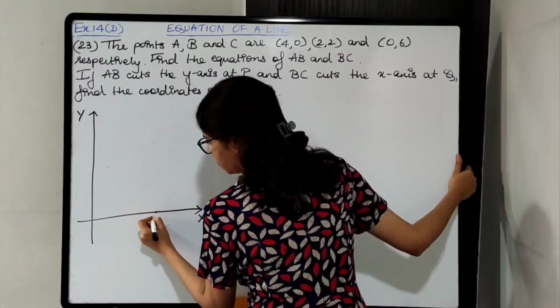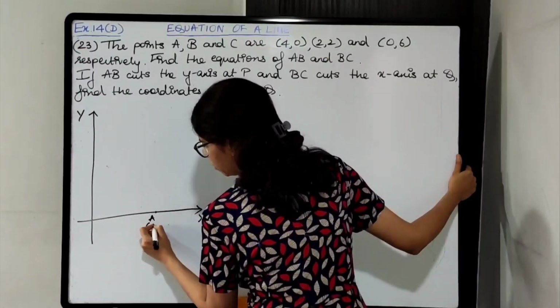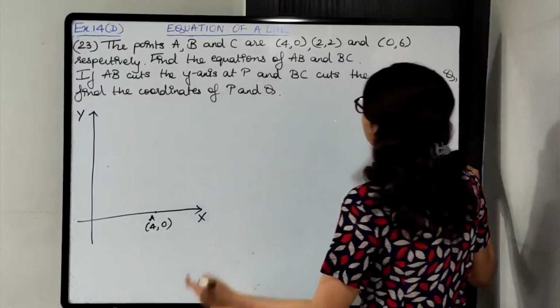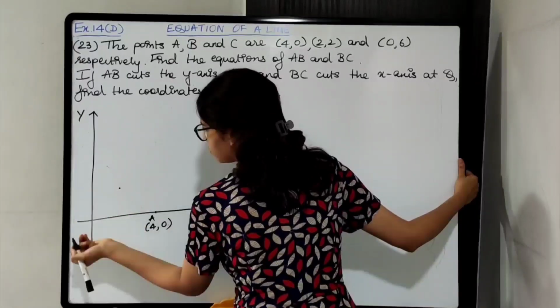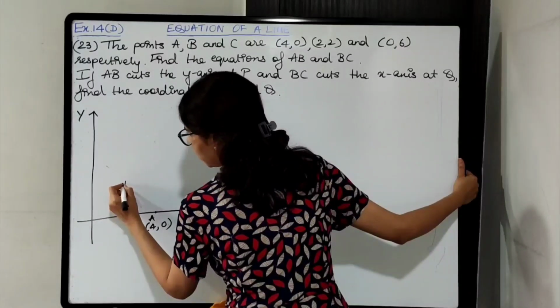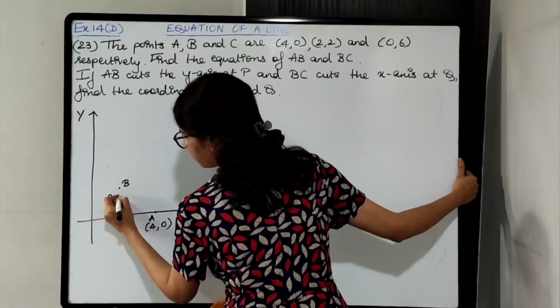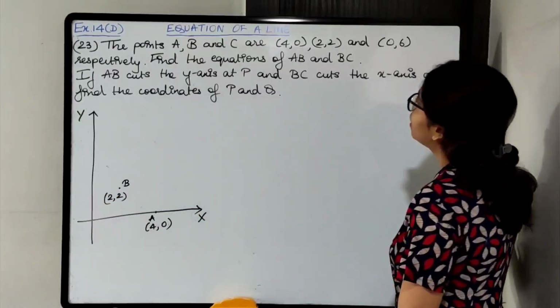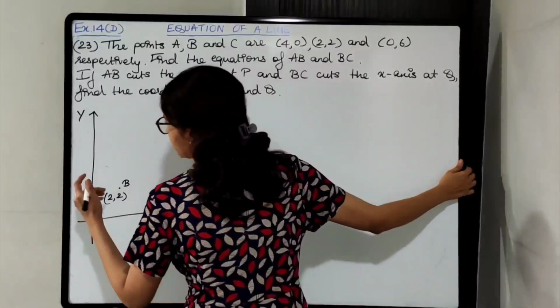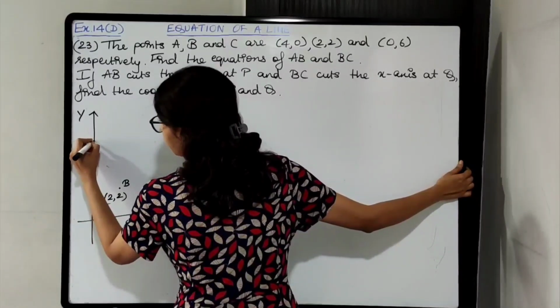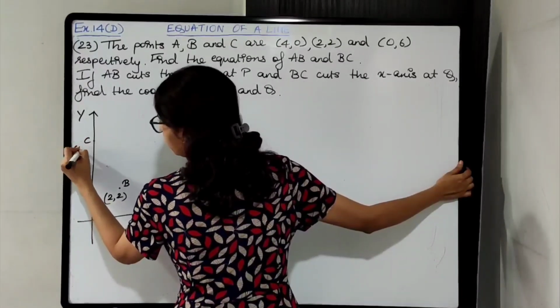B is (2, 2), somewhere over here. I am drawing it roughly. And C is (0, 6), so this is lying on the y-axis.